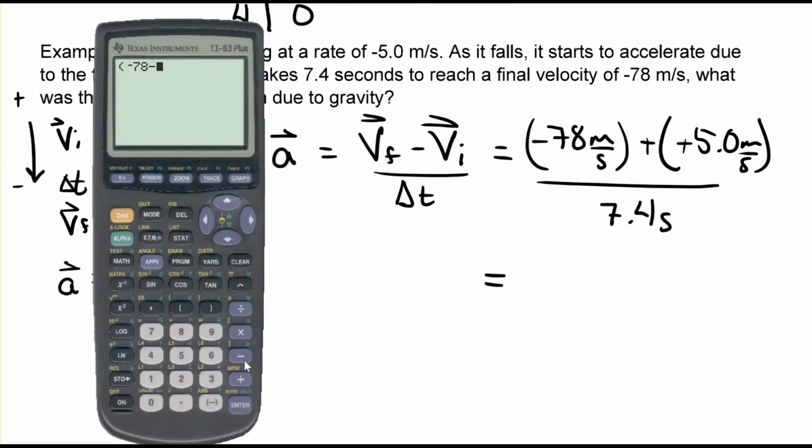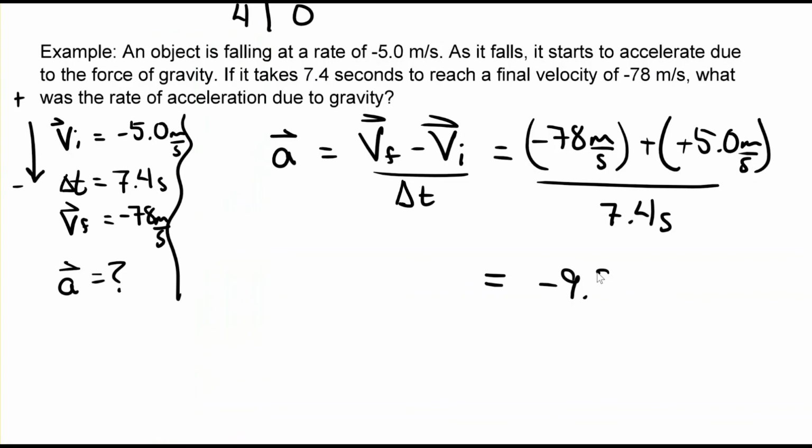So minus negative 5.0 bracket. We could let the calculator do all the dirty work for us. Divided by 7.4. So equals negative 9.86486, and so on, meters per second squared.